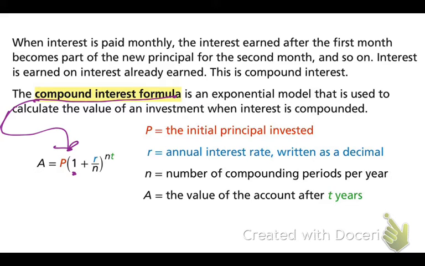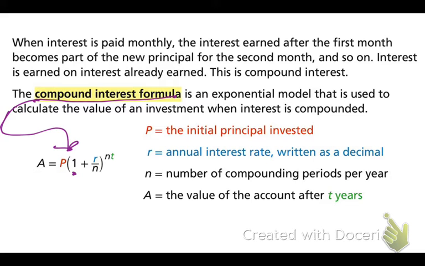N is the number of compounding periods in 1 year. So if something compounds, it calculates the interest again. Does that make sense? If it's quarterly, how many quarters are in a year? 4. So that N would be 4.